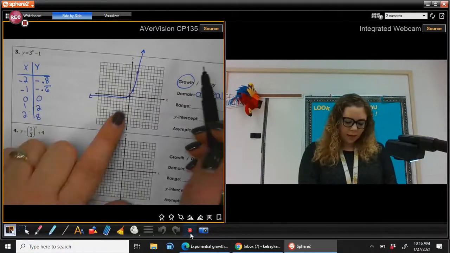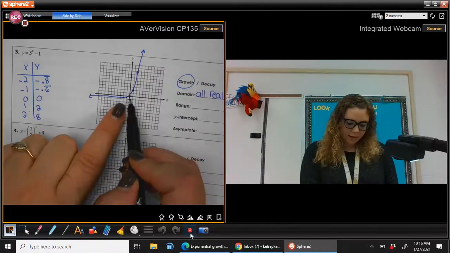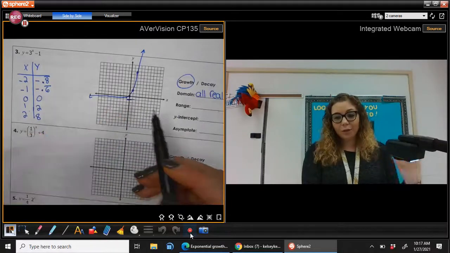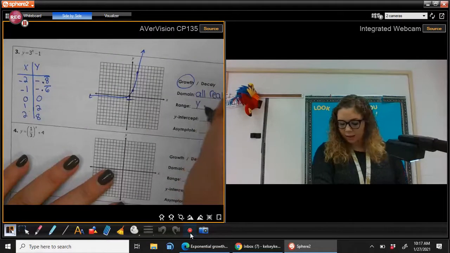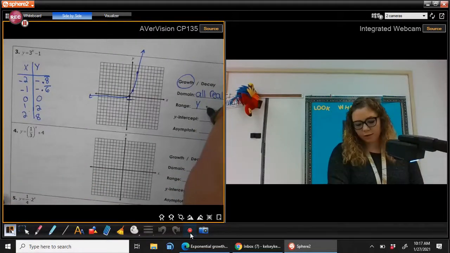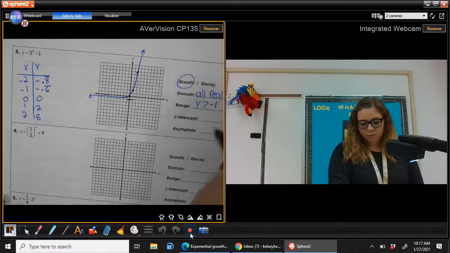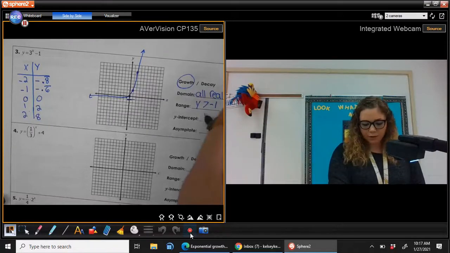And it looks like this is negative 1. That's where my asymptote is. So it's not going to go below negative 1. It's not going to touch negative 1. So it's going to be y, any value greater than negative 1. My y-intercept is 0, 0. And my asymptote is at y equals negative 1.